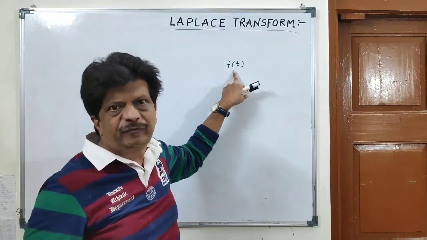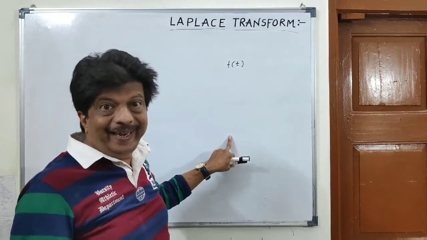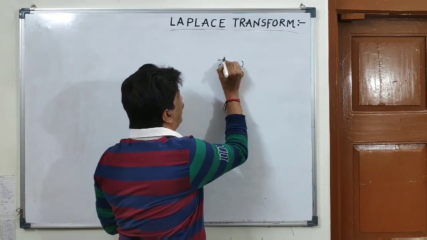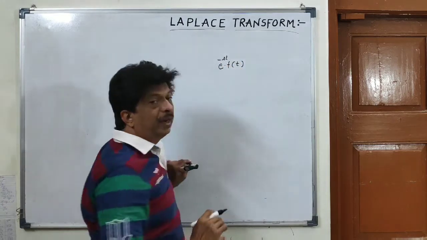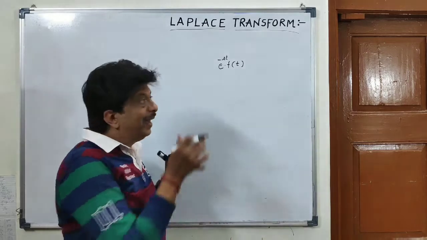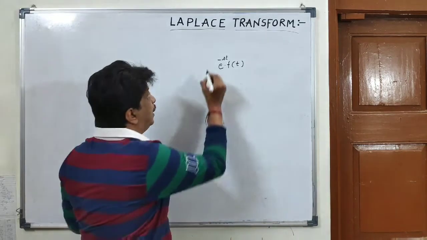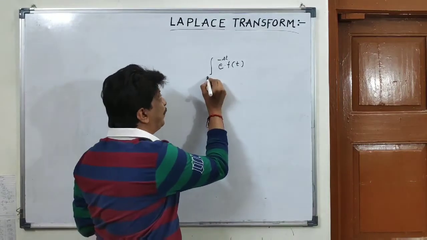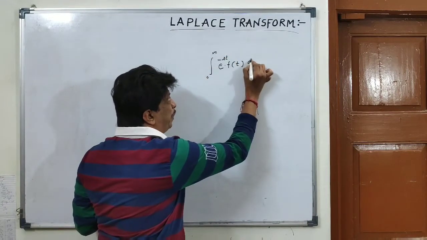Just multiply this function f of t by e raised to power minus st, then integrate this product between the limits 0 to infinity with respect to t.